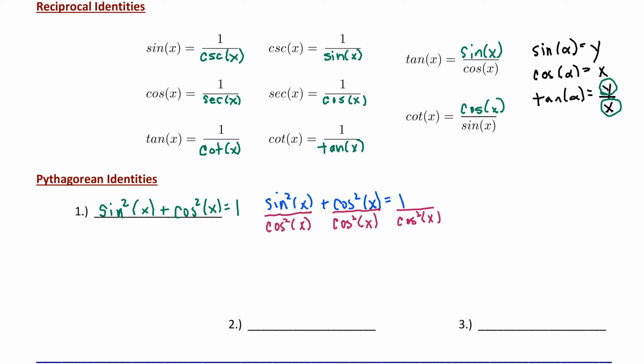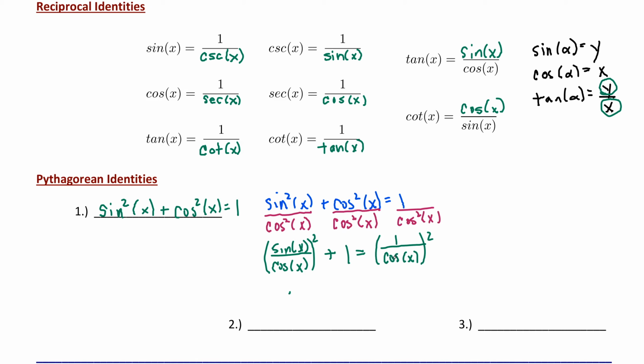When we simplify this equation, we can notice right here we have sine squared of x over cosine squared of x. This could be rewritten as sine of x divided by cosine of x quantity squared. In the second term, cosine squared of x divided by cosine squared of x is 1. And on the right side, we could rewrite that as 1 over cosine of x quantity squared.